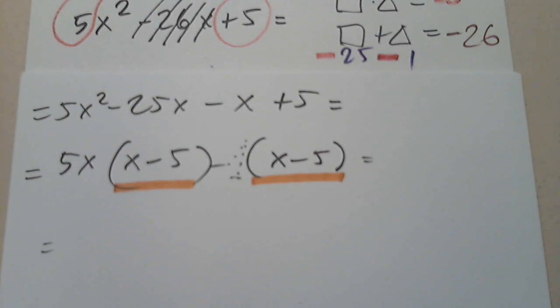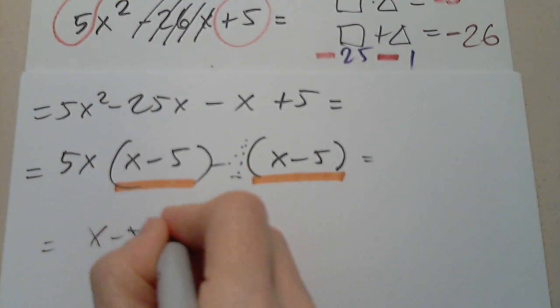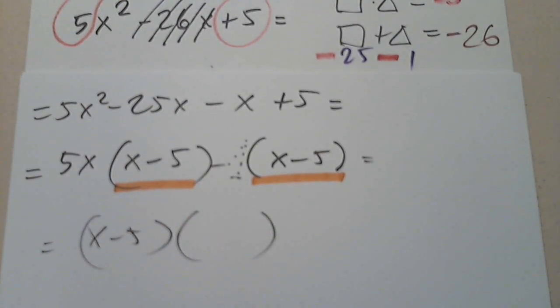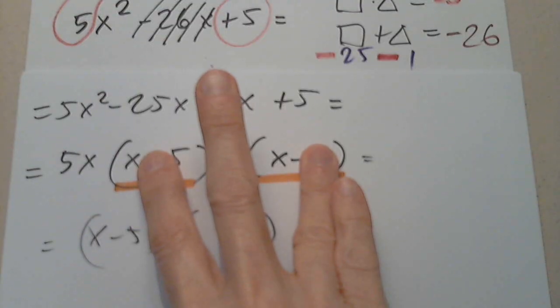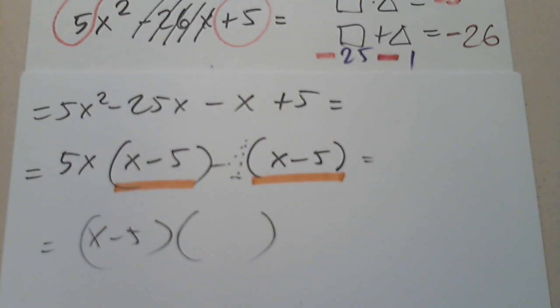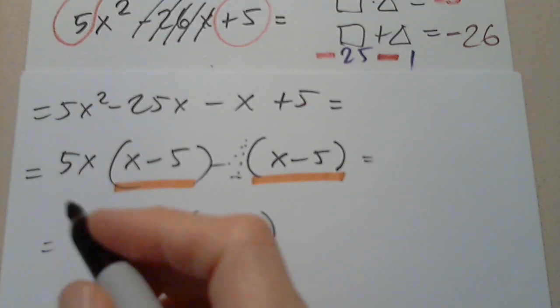It's right there. It's screaming back at us. What is it? X minus 5? That's it. And then what is left in parentheses after we remove x minus 5?